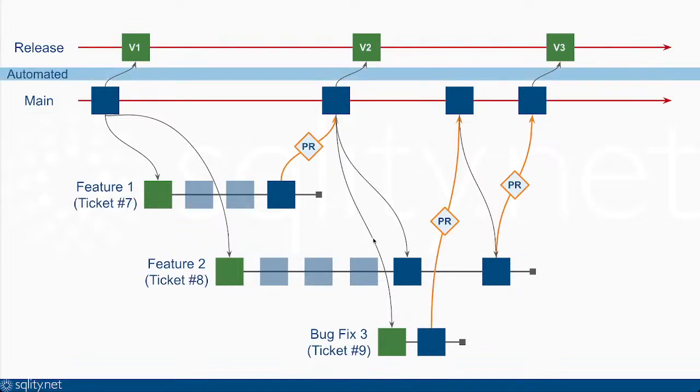So all the merges from main to release can be done automated, and I would say they should be done automated with the press of a button. This version is ready to be released. I press a button, the merge happens, and you can put other things in such a pipeline, like publishing the artifact to a public artifact repository, or whatever your process is.